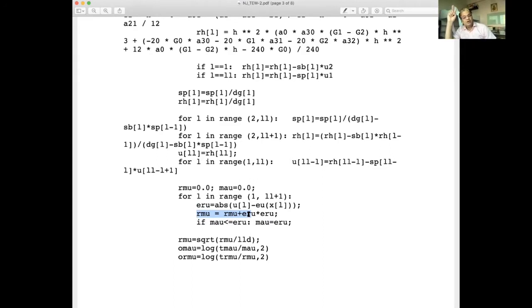The L2 norm is basically the square root of this. So in the last line I have calculated the square root of RMU divided by LLD. LLD is the total number of internal grid points. This is how the L infinity and L2 norms are written in two lines here.